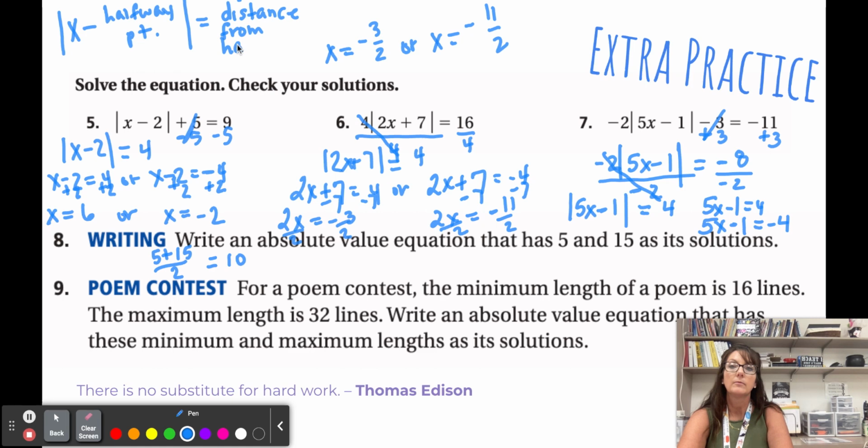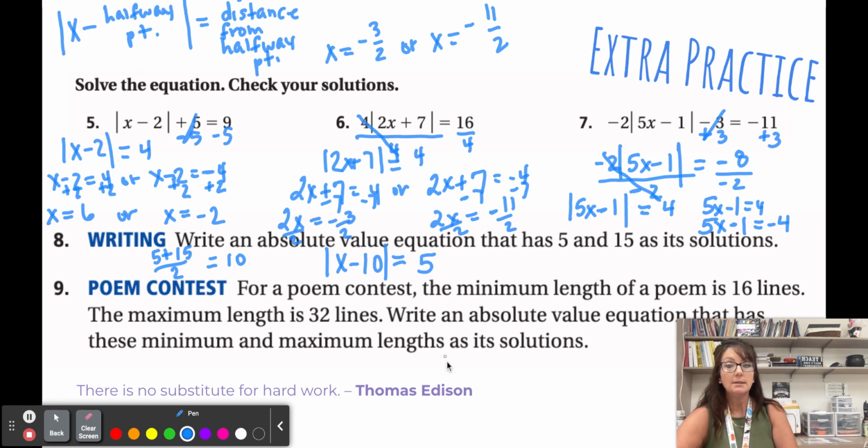So if our halfway point is 10, it would be x minus 10 inside absolute value symbols. Now, how far away is 5 from 10? It's 5 units, right? How far away is 15 from 10? Also 5 units. That's what goes out here. So our distance from 10 is 5 units. It could either be 5 or 15 as our solutions.